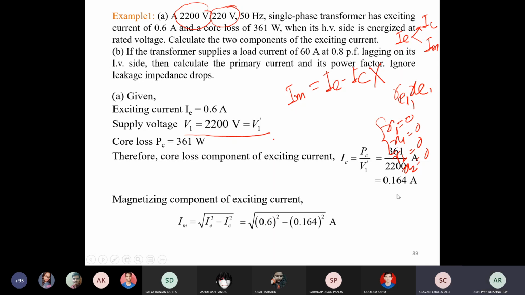What is IM? 0.577 ampere. So part 1, or part A, is completed. Okay. Any doubt? Anyone?